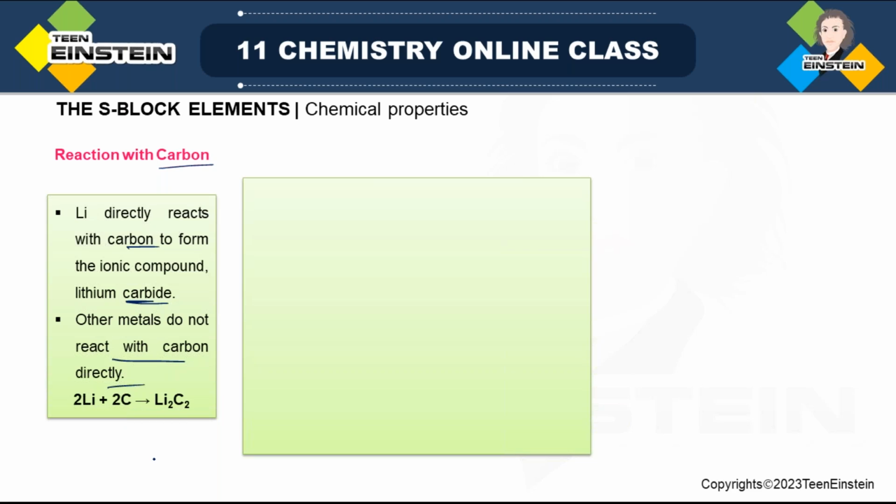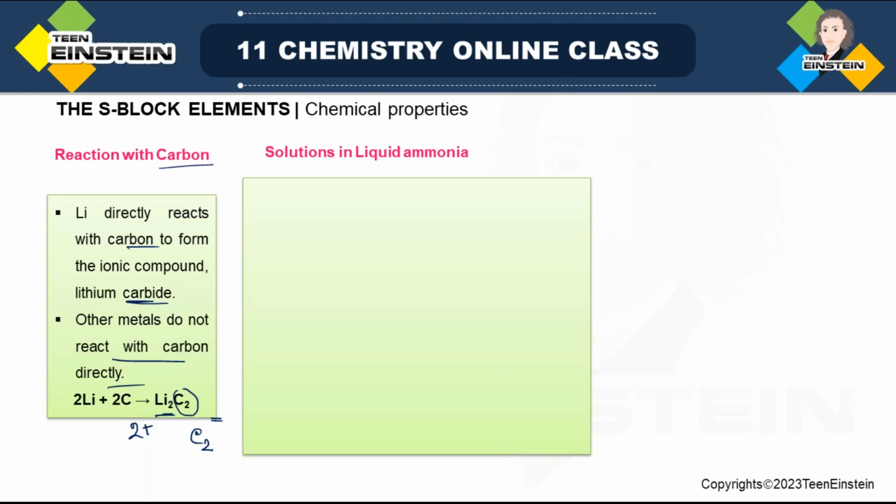Now the formula is Li2C2. Li2 means total positive charge is 2 plus, and that means C2 must carry 2 negative charge. So it is basically a triple bond between 2 carbons, and there is a negative charge on both sides. So 2 carbons carrying 2 negative charge. This is the formula of lithium carbide.